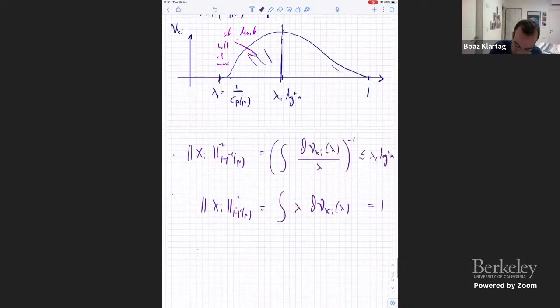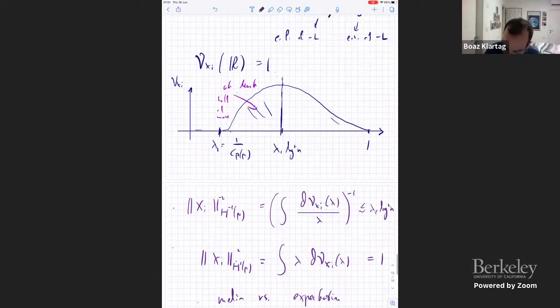So I have kind of median versus expectation. The expectation of this measure is 1. But the median is pretty small. I mean, it's lambda 1 over log square. And so I want to show that this cannot happen, that lambda 1 is kind of big if these things happen. So lambda 1, up to polylog, is close to 1.